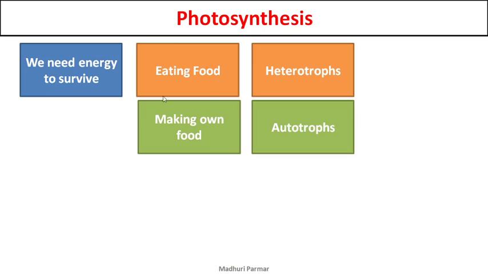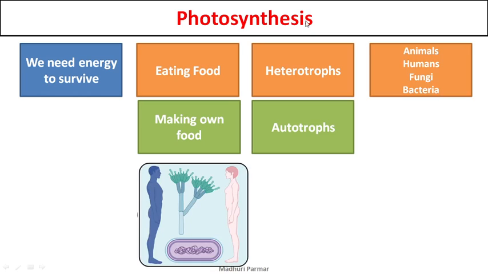The first type of living organism are called heterotroph. That is, they get their energy and they get their food from other living organism. They are dependent on other living organism for food. And the autotrophs are the ones which can make their own food. Clear? Examples of heterotrophs are animals.